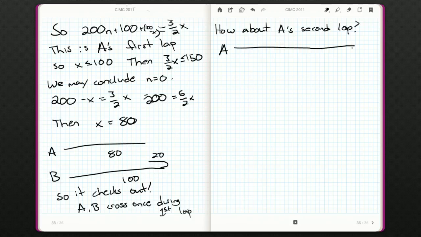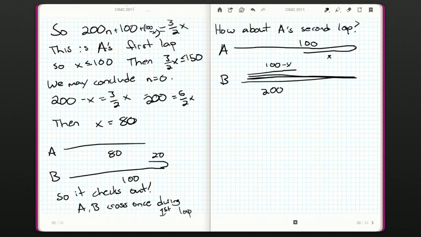She's gone here, and now she's come back a certain distance. So she's traveled 100 plus x. Is it possible that Betty has done this, this, and then managed to come back 100 minus x? Okay, so what would that be? That would be 200n plus 100 minus x is the distance Betty would have gone.